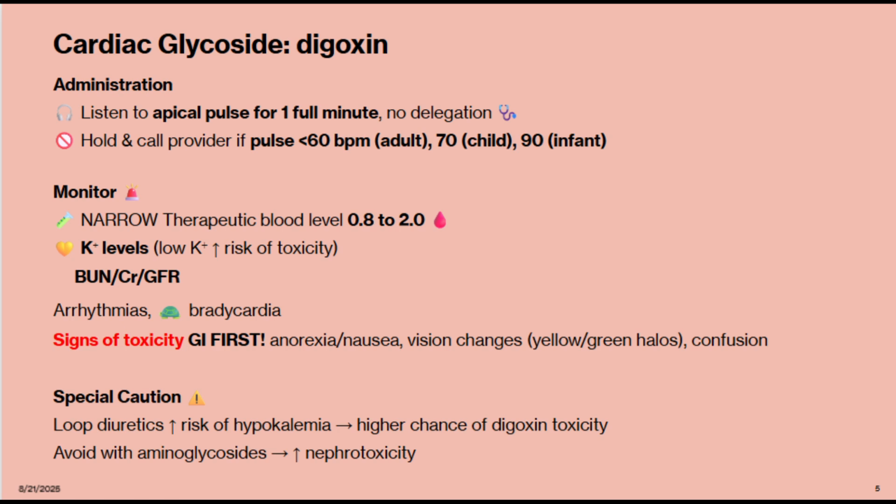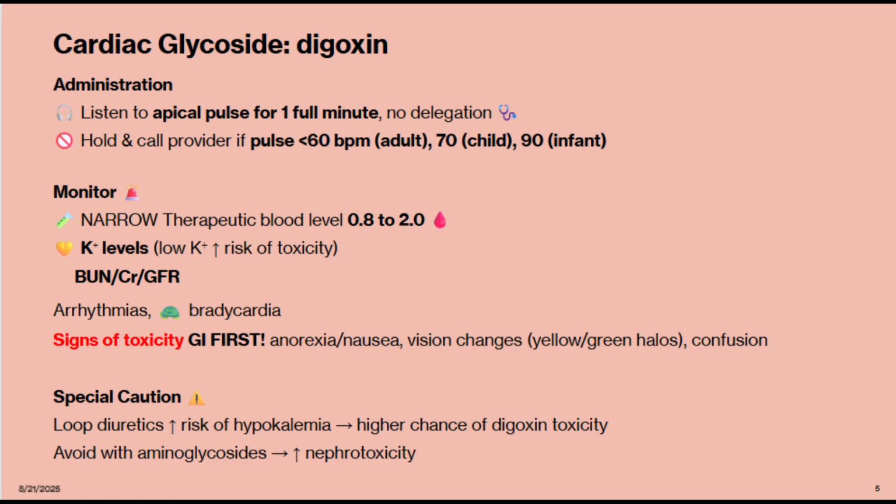The first signs and symptoms are GI, anorexia, and nausea. And then it can progress to real serious signs like vision changes, yellow and green halos, and confusion. Other things that can really potentially increase the risk for toxicity are low potassium levels and renal insufficiency.